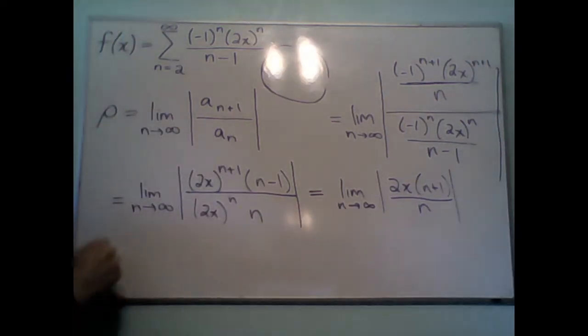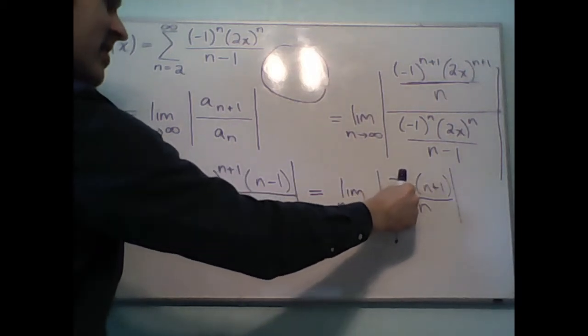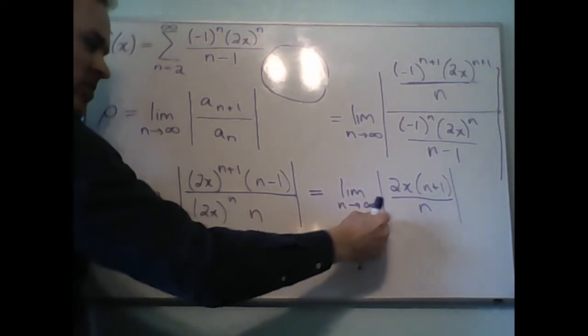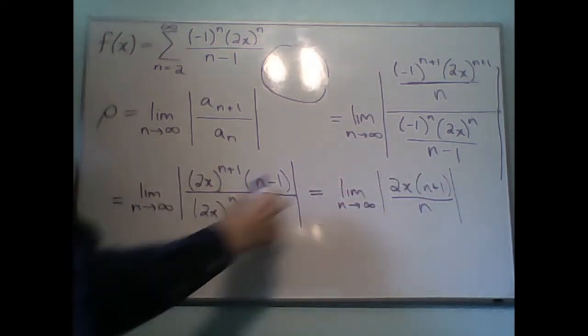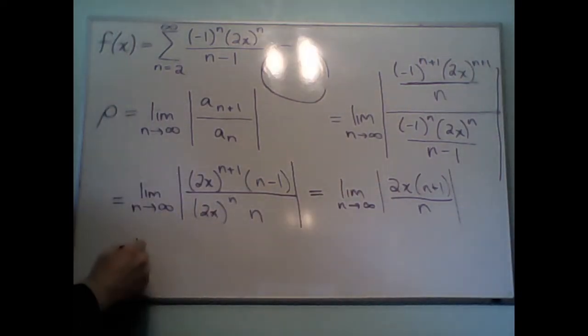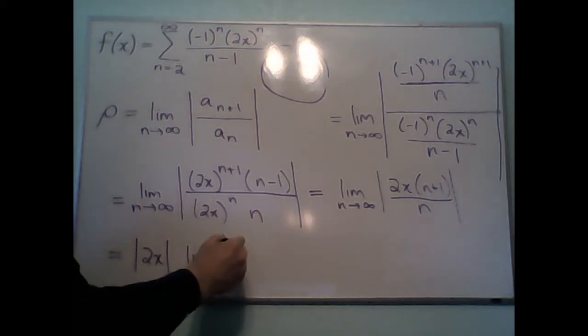And now I can see that this 2x here does not have any n's in it. I'm taking a limit with respect to n, so the n's have got to stay inside the limit, but this 2x is a constant that can be pulled outside of the limit. I've got to keep the absolute value on it, so it's the absolute value of 2x times the limit as n goes to infinity of the absolute value of n minus 1 over n.